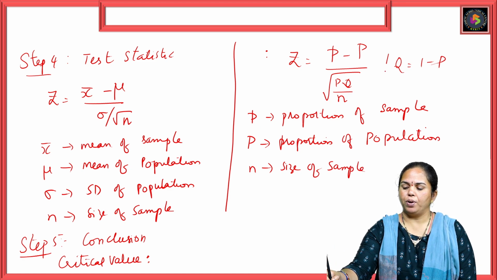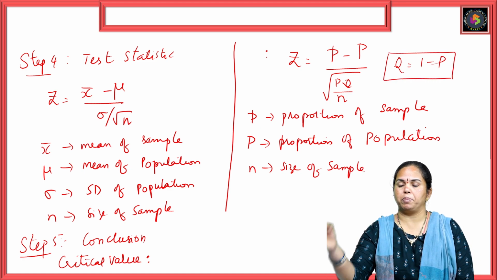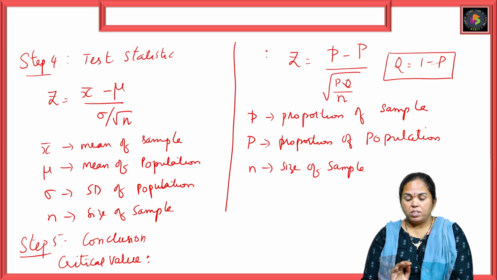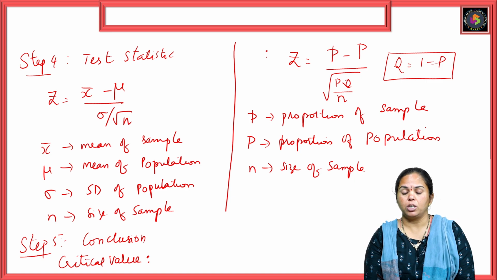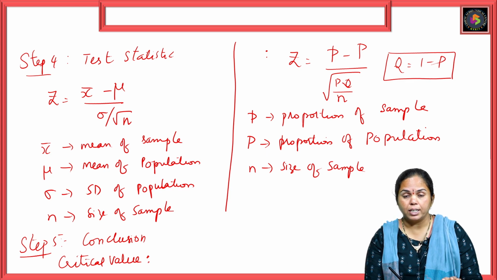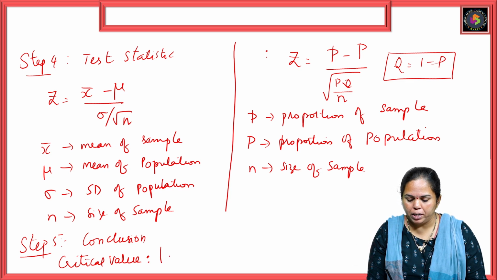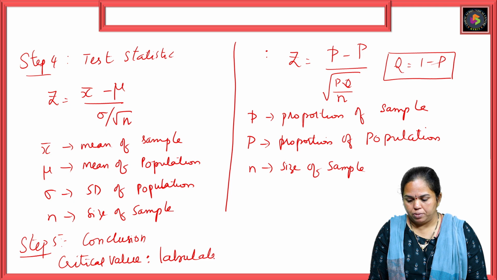As I mentioned, Q equal to 1 minus capital P. So these are the things that you need to remember when you go for Z test and proportion test. So critical value. After writing this critical value, here we are going to write the tabulated value that are given in your table.